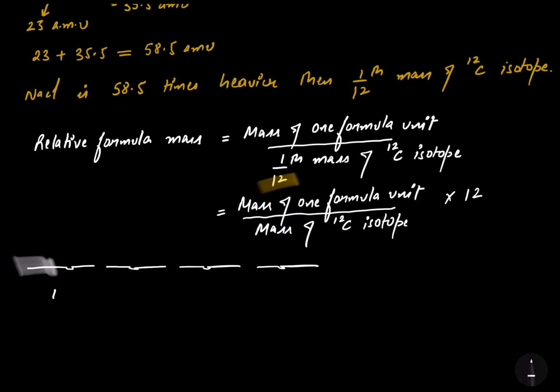I have already told you, or calculated in the previous videos, the 1/12 mass of carbon 12 isotope. It comes out to be 1.66 into 10 to the power minus 24 grams.